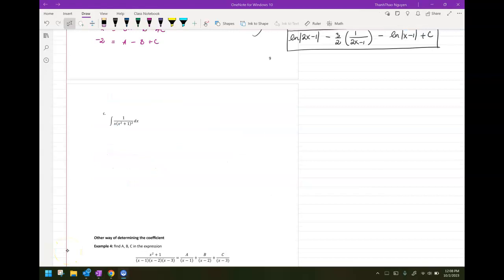Here we will talk about the case where we have a quadratic in the denominator. I will rewrite my rational expression as a over x plus bx plus c over x squared plus 1, so that's the first exponent, plus dx plus e over x squared plus 1 squared.